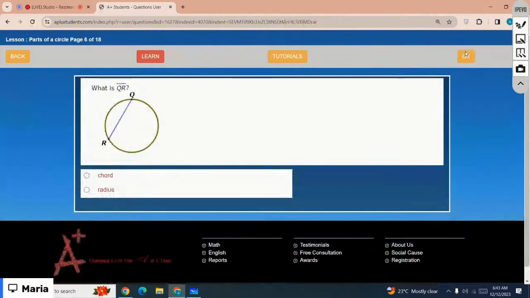Which is the correct option? Chord it is. That is the chord.